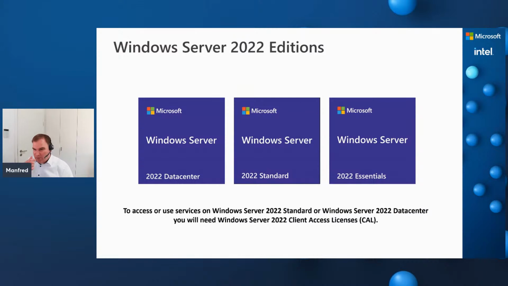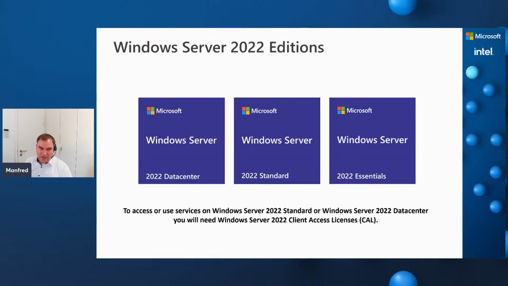Maybe you remember the licensing and editions where I mentioned that Hyper-V is part of every Windows Server edition. So maybe you also have questions about licensing. So licensing is also fine. Please bring up also your licensing questions.